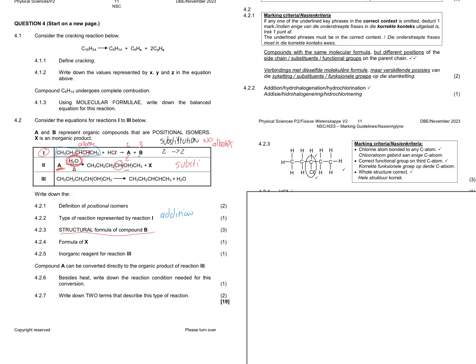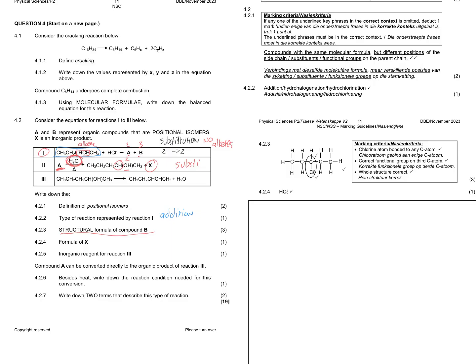And you put on the OH and you take off the Cl, so that thing there is going to be hydrogen chloride or HCl. They're asking you for the formula, so you cannot have hydrogen chloride as your answer. Hydrogen chloride is not a formula. The formula is HCl.